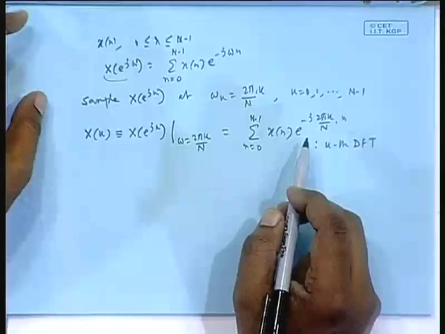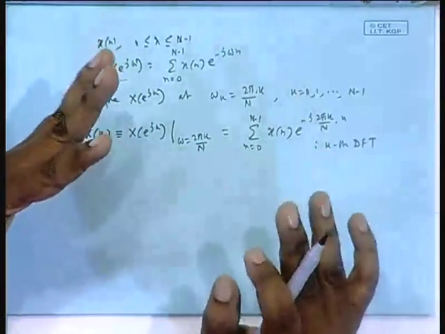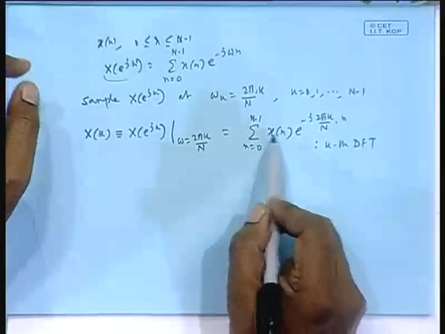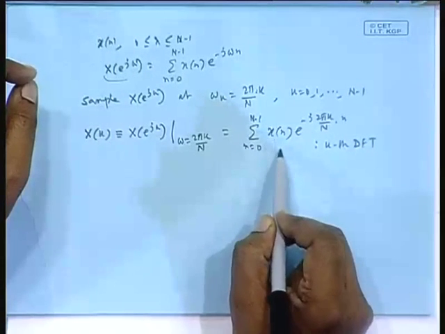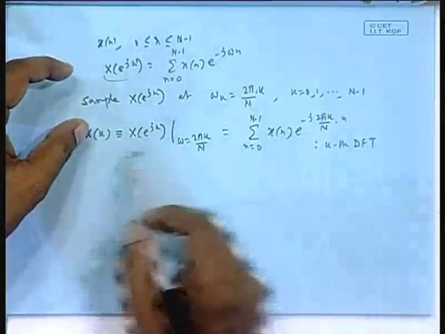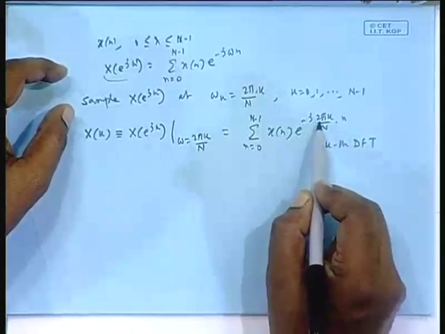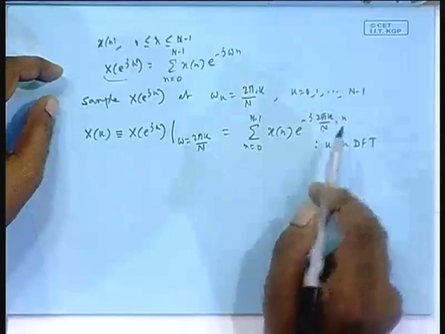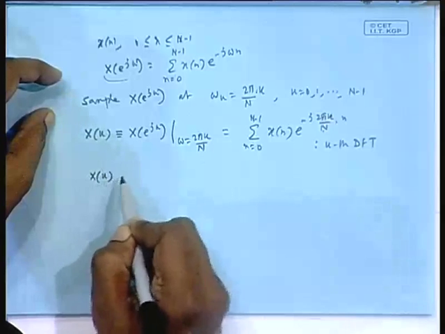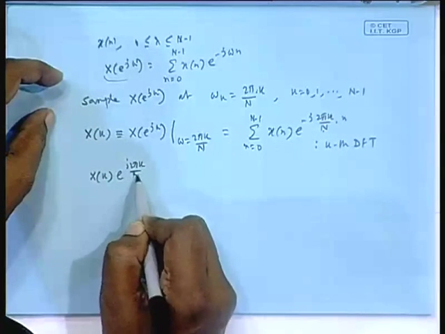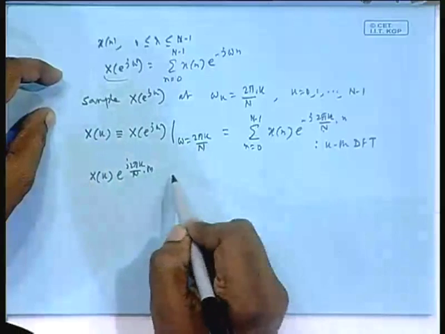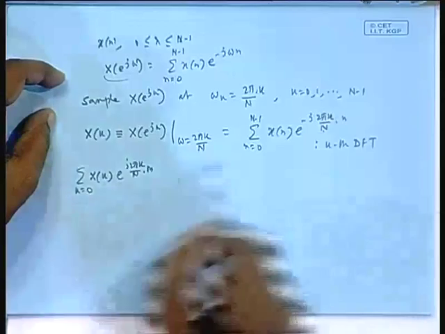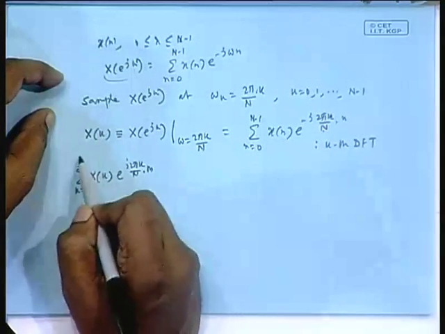What I will simply do, as is common in all Fourier transforms, analog Fourier transform, inverse transform, DTFT, inverse DTFT: if you want to find a particular x[m], you multiply both sides by e to the power plus j 2 pi k m by N, and sum over k. K again, how many? Capital N.